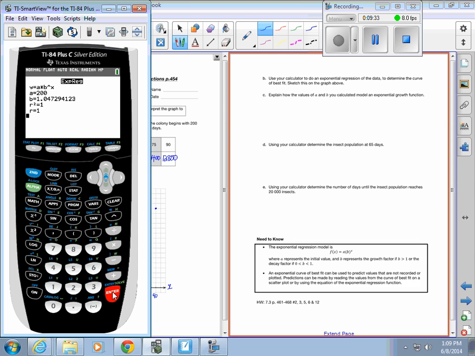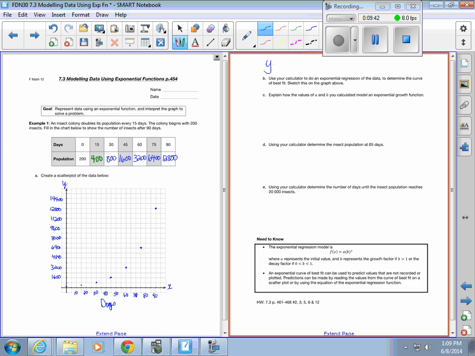So we have y is equal to a times b to the power of x. I'm just going to write this above because I think you have more space on yours than I do on mine. So ab to the power of x is our exponential function.